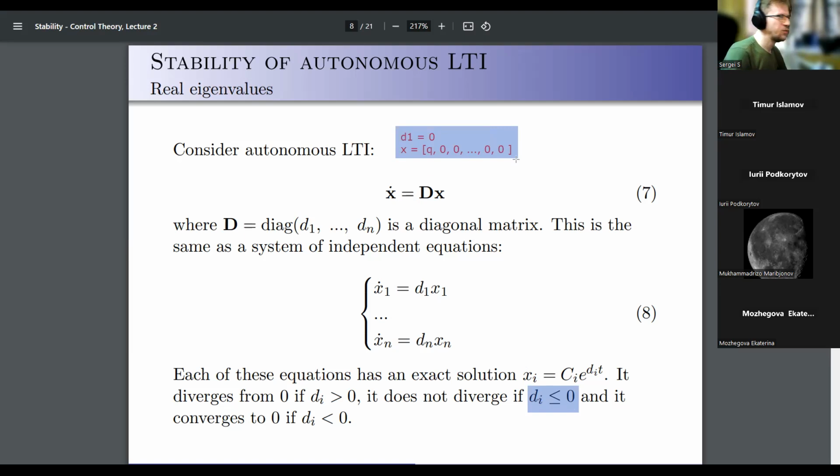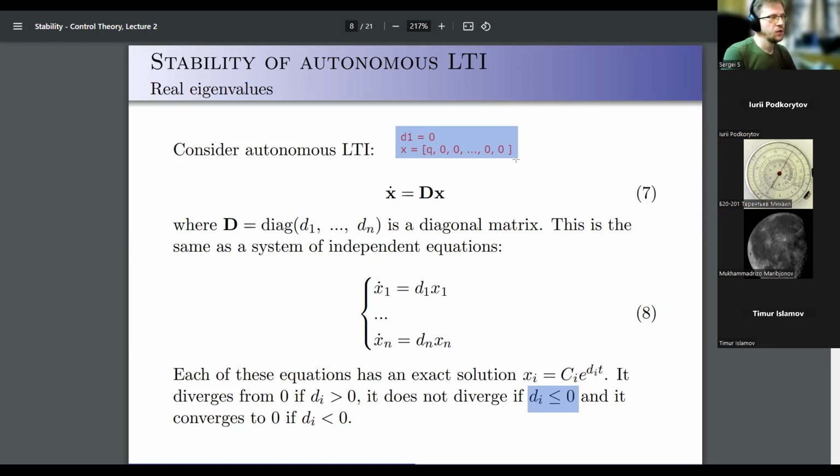This property we will be able to prove holds for any linear system. In fact, the general statement will be like this. A linear system is either asymptotically stable for all solutions, or marginally stable for all solutions, or unstable for all solutions.